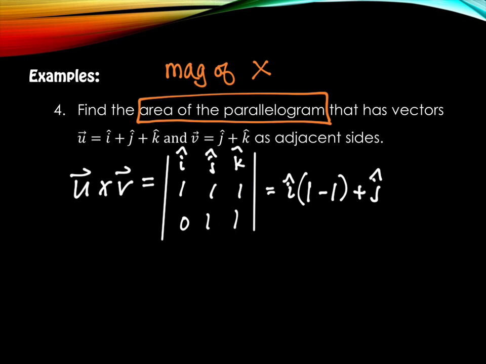So j multiplies on the outer diagonals. So we have 1 times 1 is 1, and then 1 times 0, so 1 minus 0. And then plus k, and k would be along these diagonals. So I have another 1 times 1 minus 0.